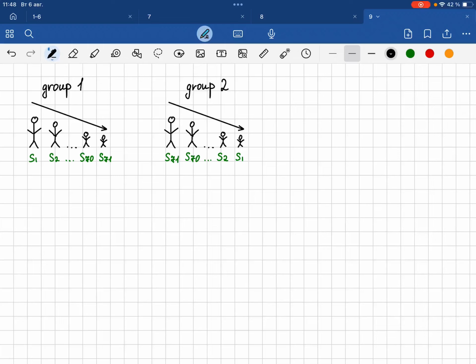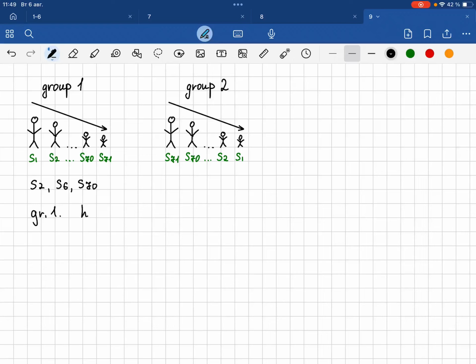Obviously, Serg will give absolutely the same answers to all questions in these 2 groups. For example, let's take 3 students, S2, S6, and S70. In the first group, S2 is taller than S6 and S6 is taller than S70.